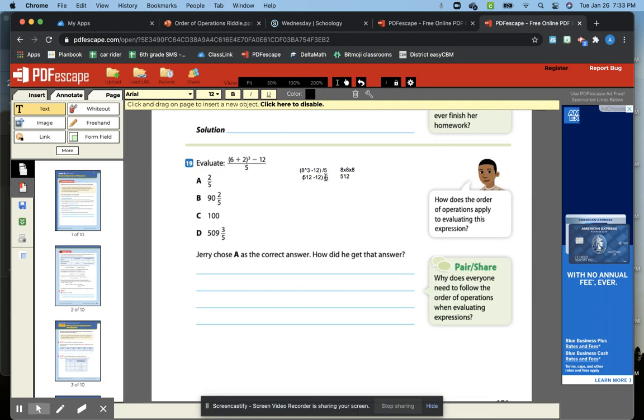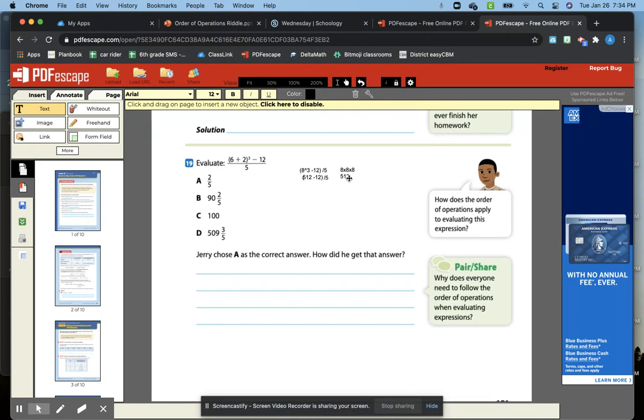So now, if you're looking at it how it's written over here, where you have the division underneath it, you won't see any more parentheses. But we can't really do 612 minus 12 and divide by 5 first. So we have to do what's in our top group first.